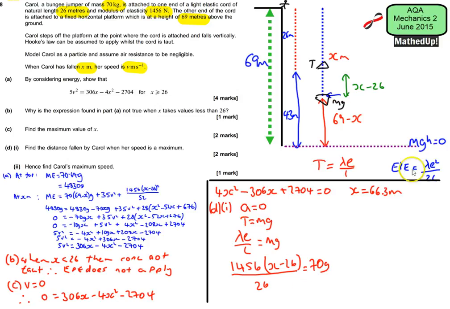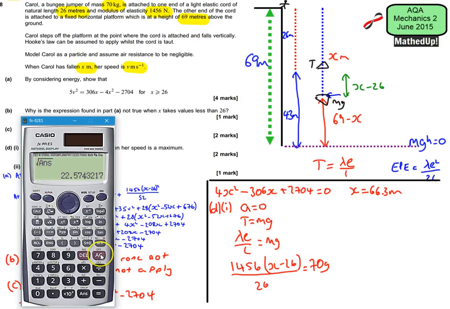I'm just going to put this into my calculator to work out x. We've got 70 times 9.8, that's 70g, and I'm going to times that by 26 and then divide by 1456. That tells me what x take away 26 is, and if I add 26 to that, this should tell me what x is, and I make it x is equal to 38.25.